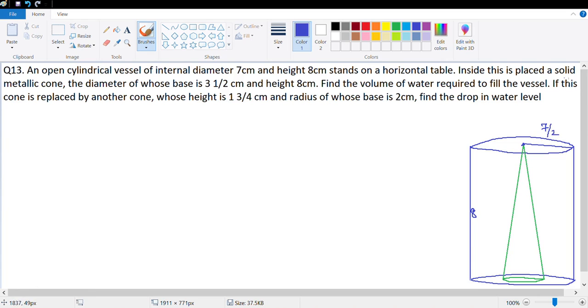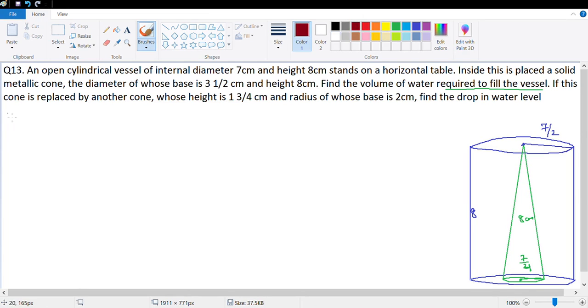Inside this is placed a solid metallic cone, diameter of whose base is 3.5 centimeter, which means the radius here is 7 by 2 divided by 2, which means 7 by 4. And the height for this is also 8 centimeter. Find the volume of water required to fill this vessel. Done. Let's look at this.